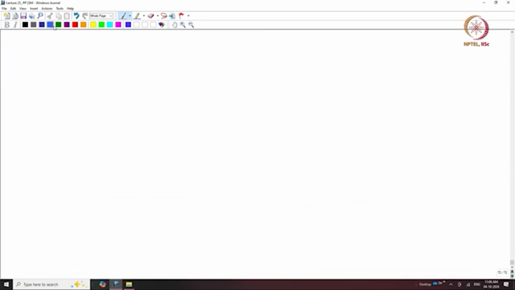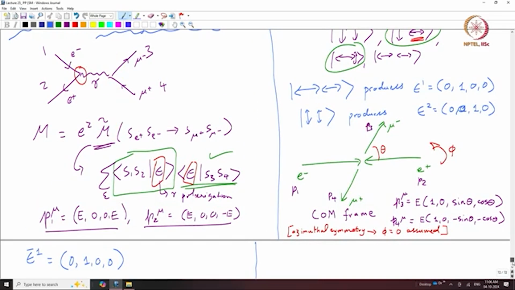Then we can ask, in the final state, what could be the polarizations of the photon? One possibility is clearly this, right? How do I know that? Let's go up here.